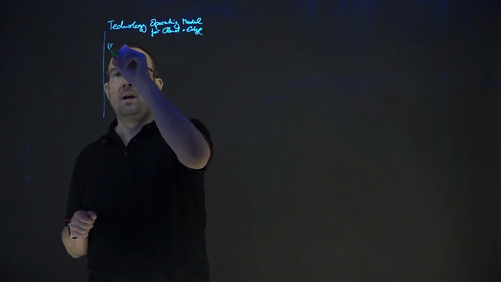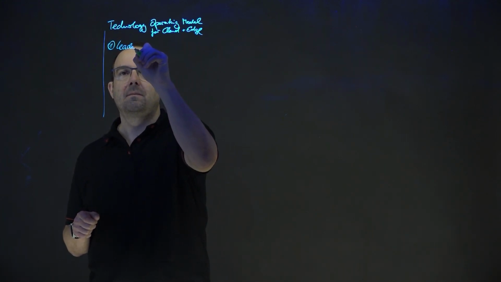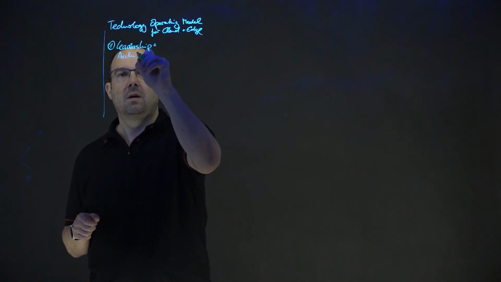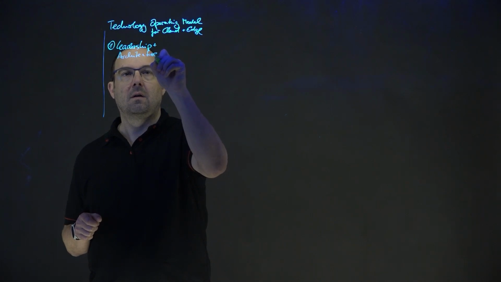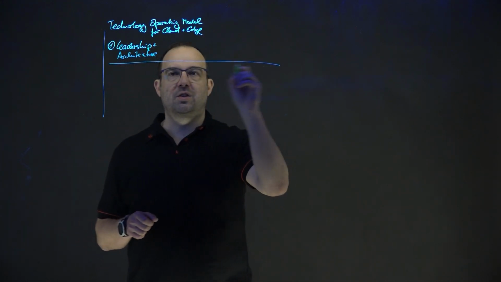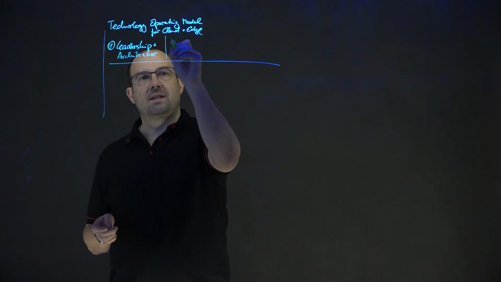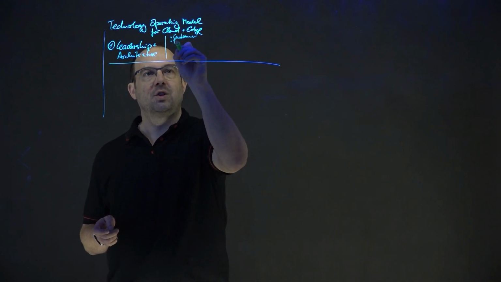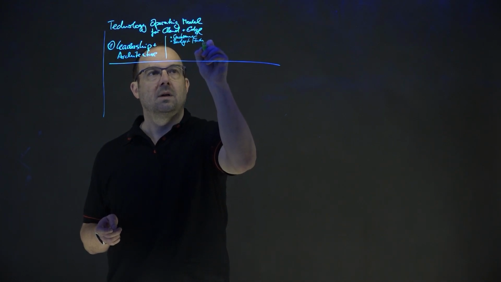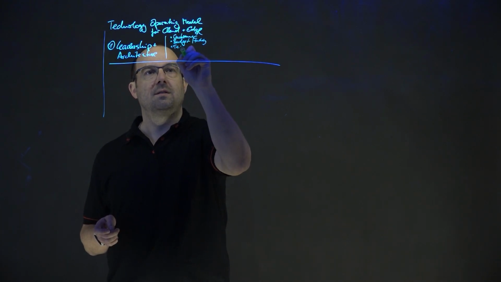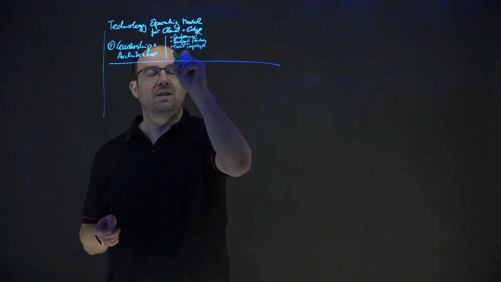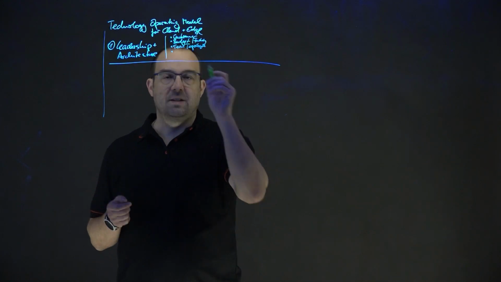So the stream number 1 we call leadership and architecture. The leadership and architecture stream has topics such as customer, budget, funding, team topologies, risk and compliance, or business value.